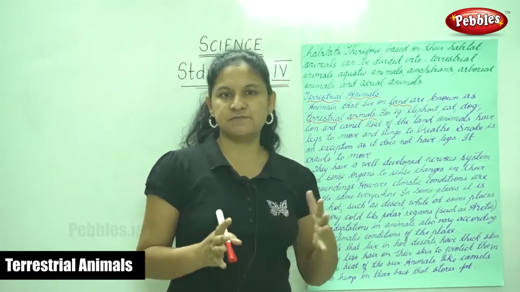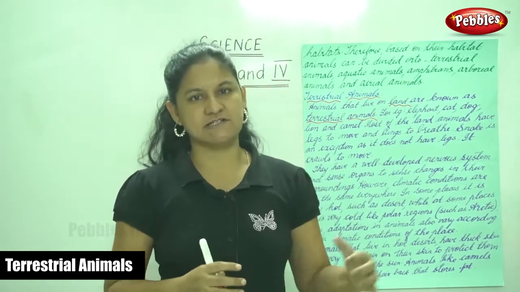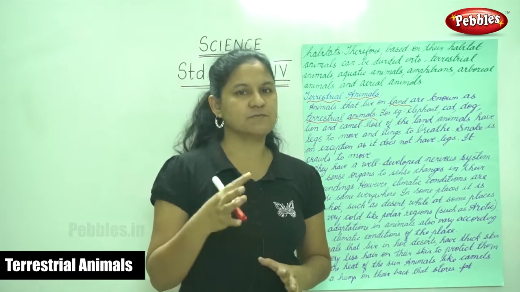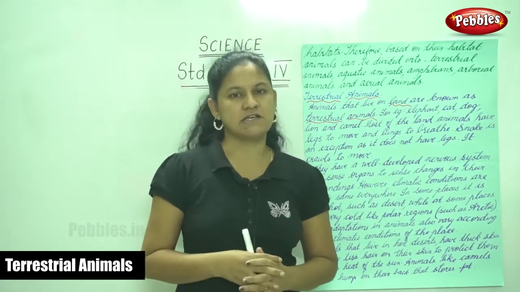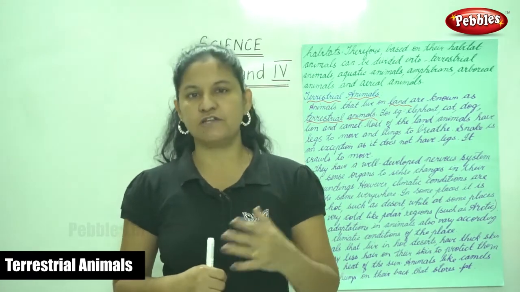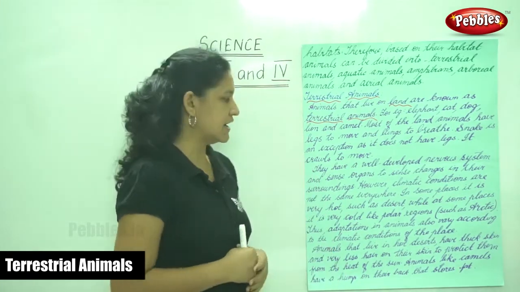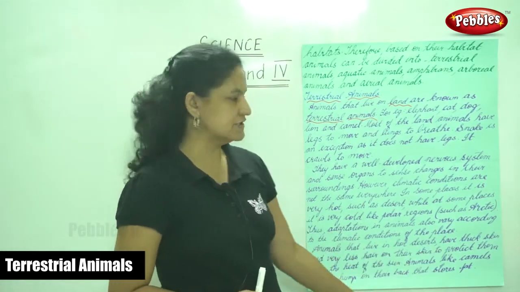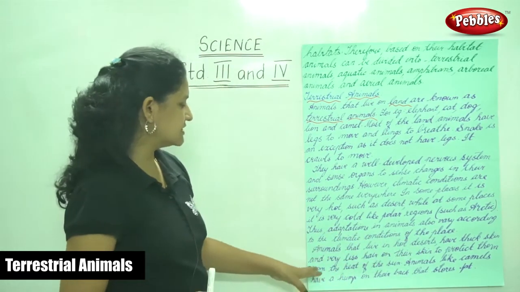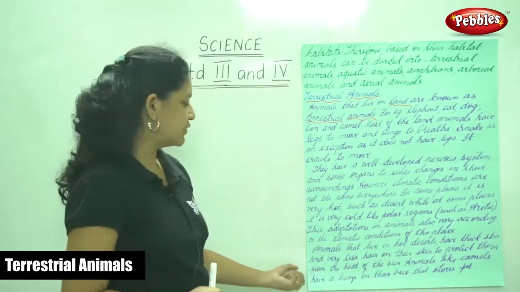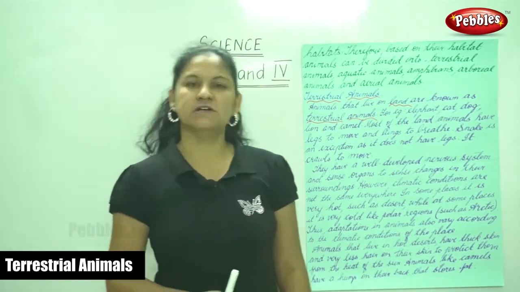Animals are able to adjust themselves according to the climatic conditions. Animals that live in hot deserts have thick skin and very little hair on their skin to protect them from the heat of the sun.